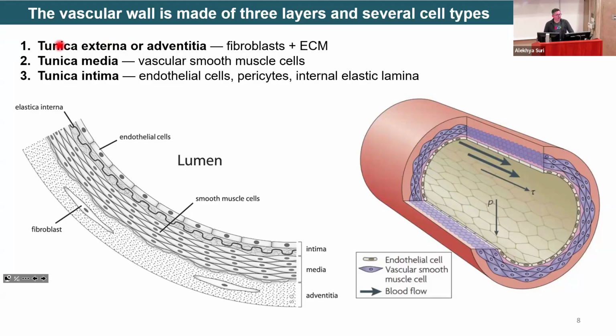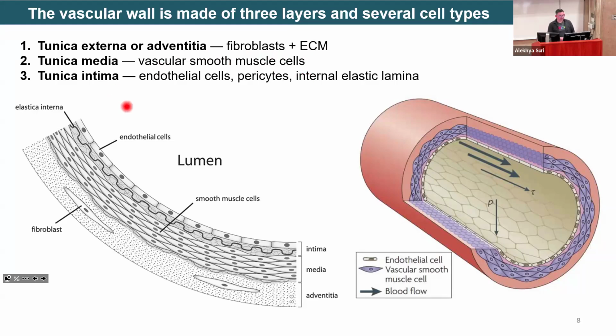So the tunica externa, or the adventitia, is basically formed by the fibrous tissue layer that's on the outside of most blood vessels, right? And particularly in arteries and veins. Tunica media contains the smooth muscle cells, right?